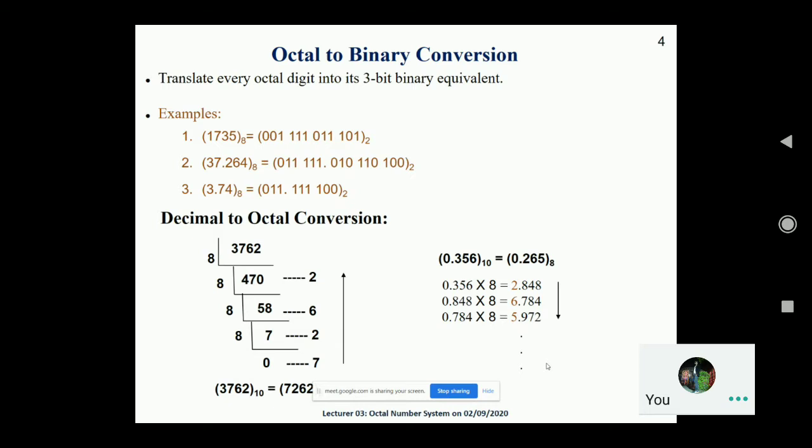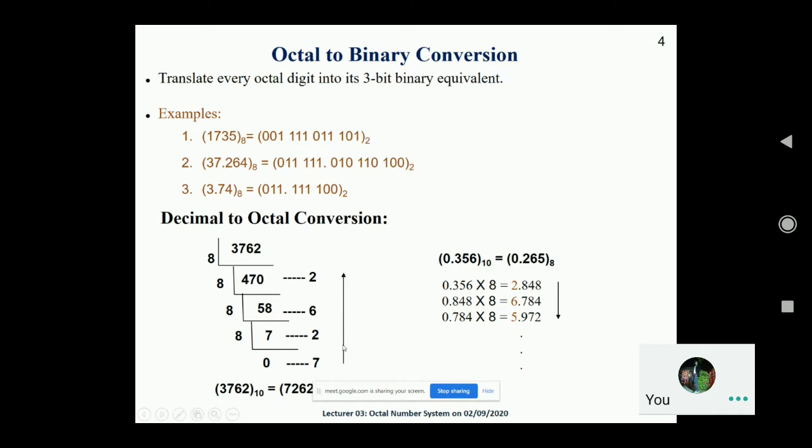One particular part I forgot to say: for the decimal number 3762, the octal result is 7262. But always remember, for the integer part we consider the reverse order, so I am using the arrow from bottom to top.